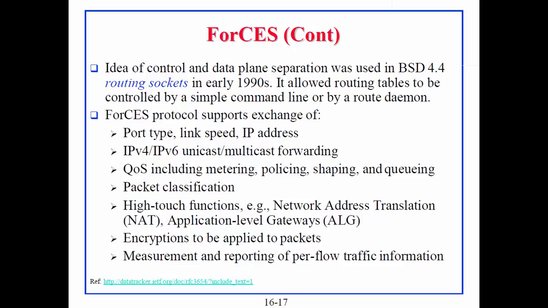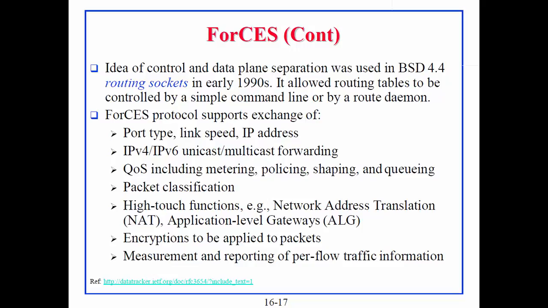It can support the exchange of information such as port type, link speed, and IP address between the control and forwarding elements. It can set up IPv4 or IPv6 unicast or multicast forwarding.